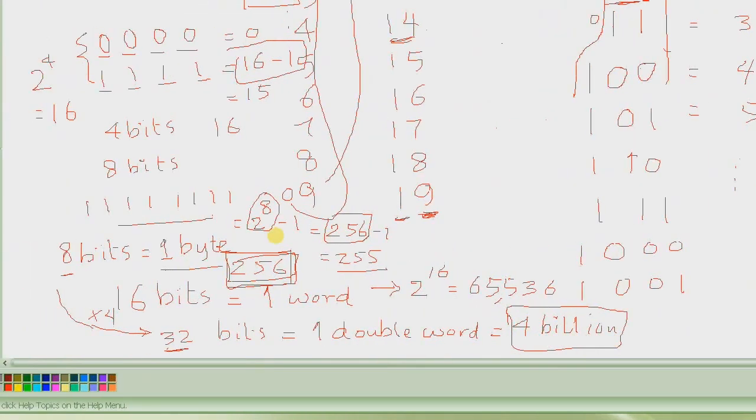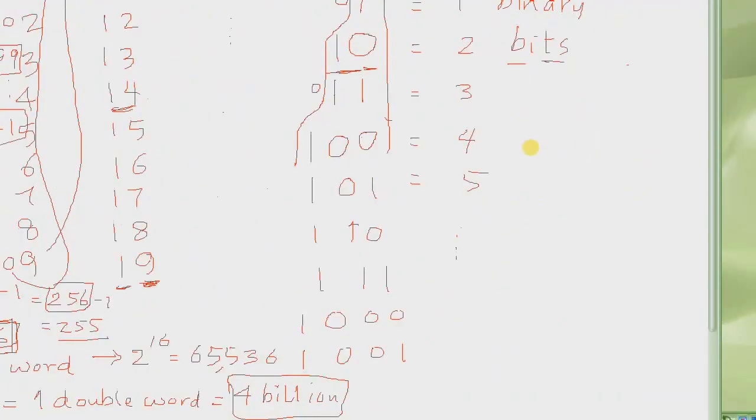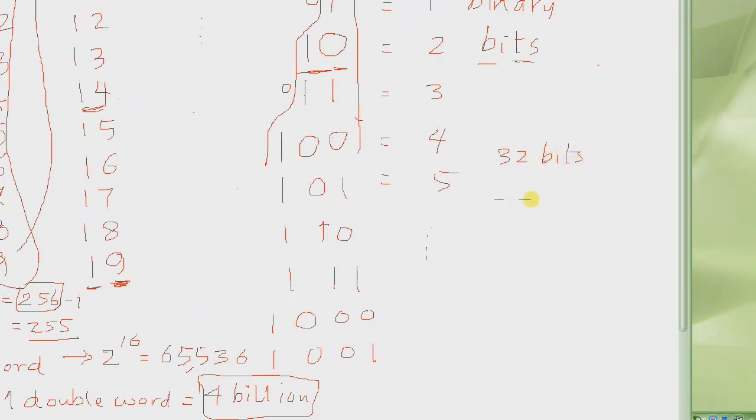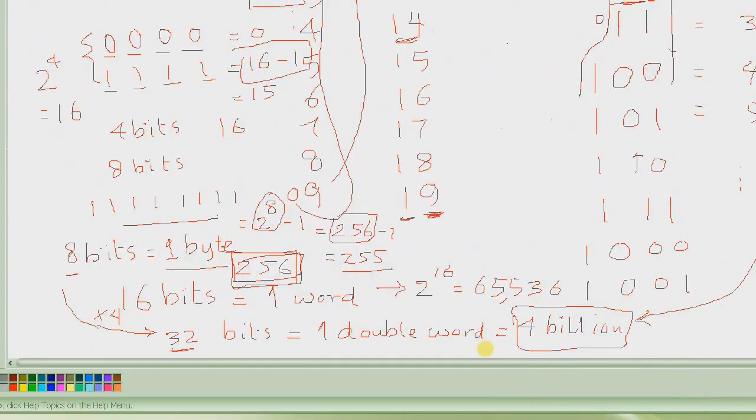Anyway, so this is the introduction. If I have a location somewhere in the computer which has 32 bits of space, and I ask you what is the maximum number, or how many total numbers, you can write in this much space using the binary number system, you should answer me 4 billion, because 32 bits is equal to 1 double word.